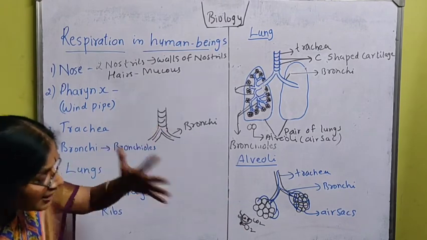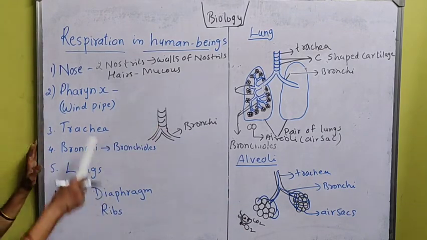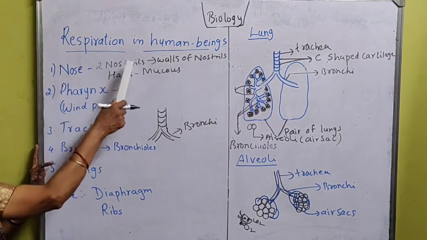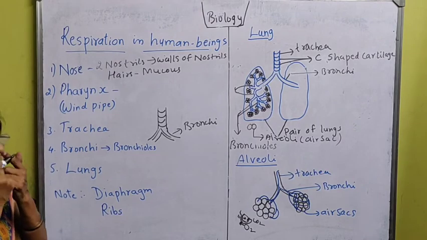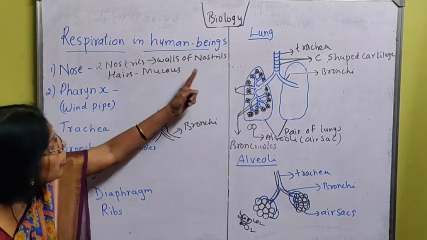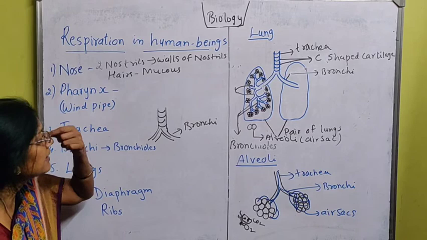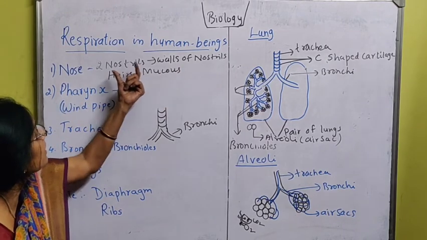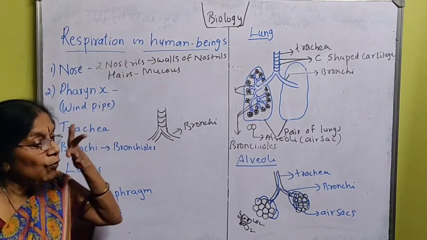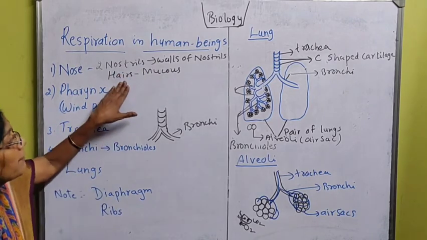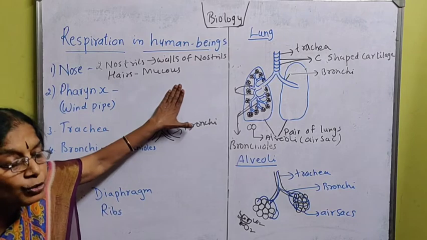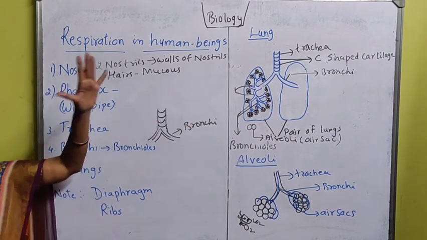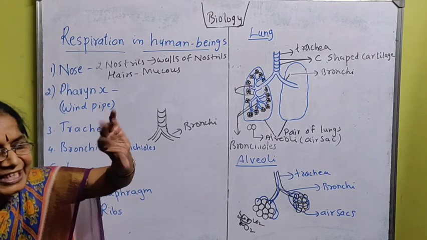The nose has two nostrils, two holes, and the walls of the nostrils are covered with hairs and a sticky mucus membrane, which secretes mucus, a sticky substance.